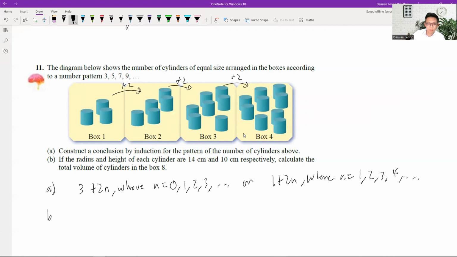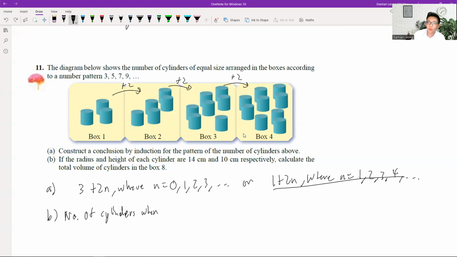For part B, the radius and height are 14 and 10 cm respectively. Calculate the volume of cylinders in box 8. Total volume of cylinders means first I need to find the number of cylinders. If I use this, it'll be when n is 8.